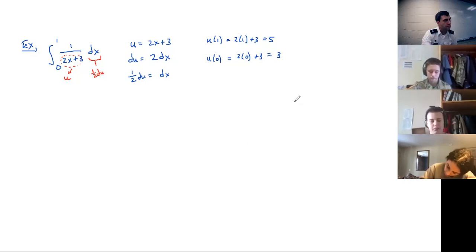So when you said that it's 1/2 du, if you were to rewrite that integral, it's the integral from 0 to 1, u 1/2 du, like you just straight up write. So my new integral is going to be the integral not from 0 to 1, but from 3 to 5, right?